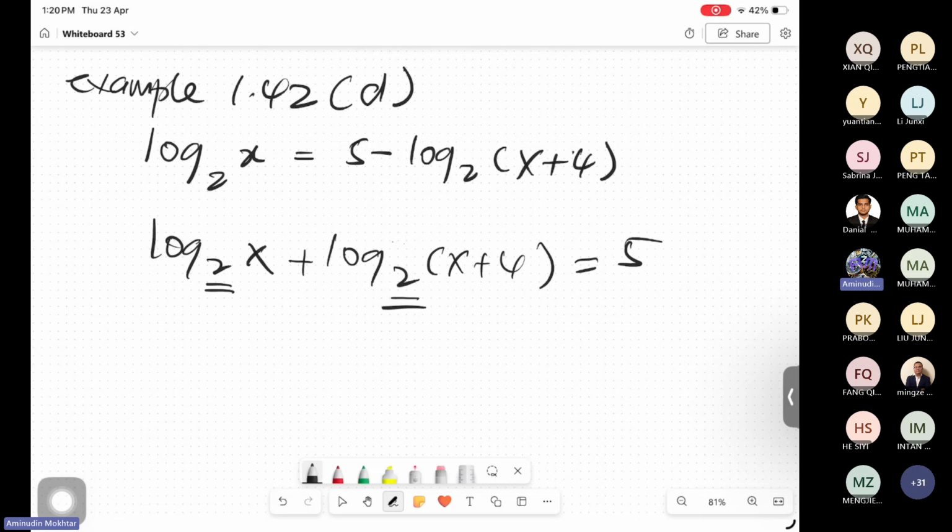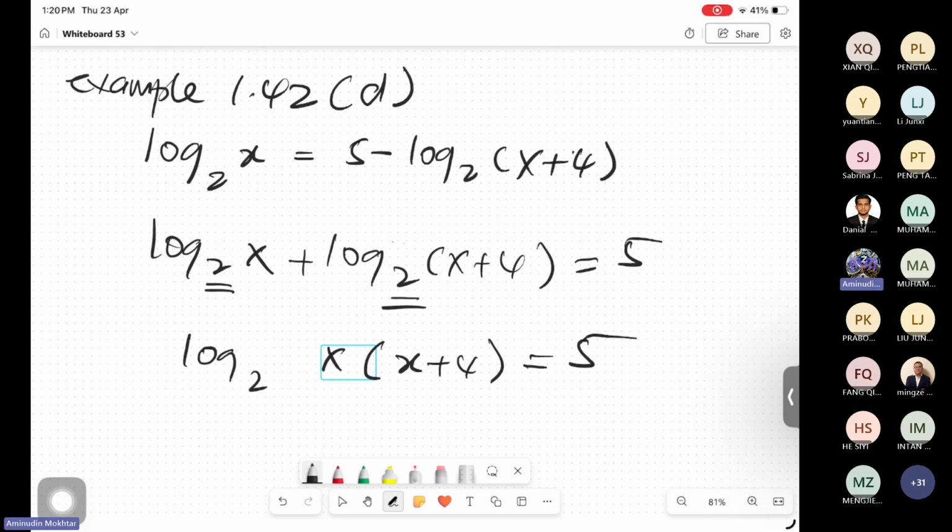Based on the rule of log, with the same base, this can be simplified as log base 2 of x times (x plus 4) equals 5.